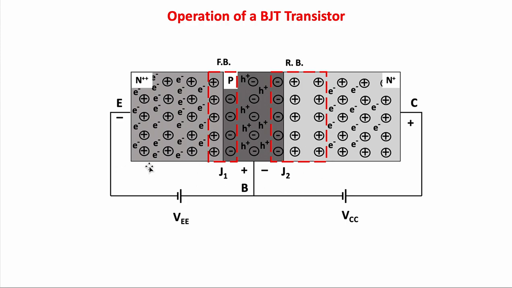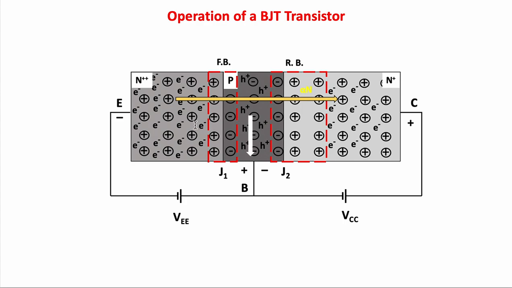In this case, a large number of majority carriers, which are electrons from the emitter region, pass through the forward biased junction and diffuse across the reverse biased junction into the collector terminal. Here N represents the number of electrons leaving the emitter side, and alpha represents the ratio of those electrons that successfully reach the collector side.